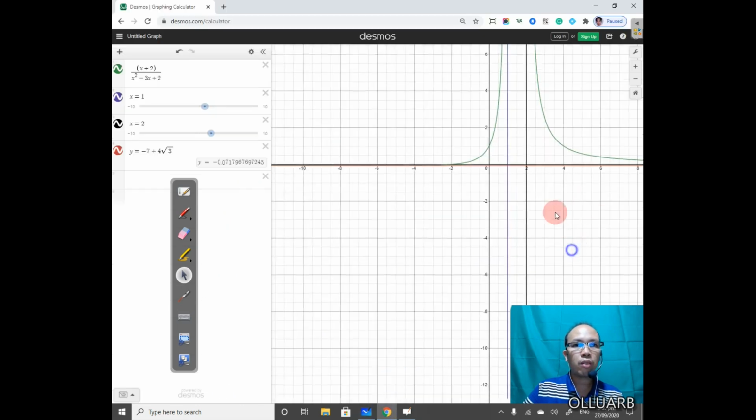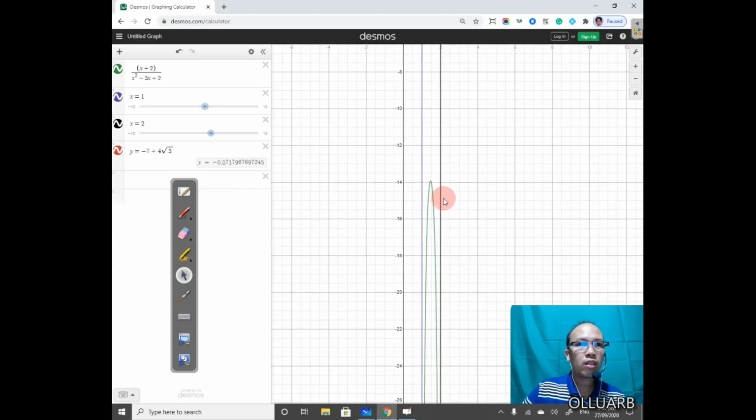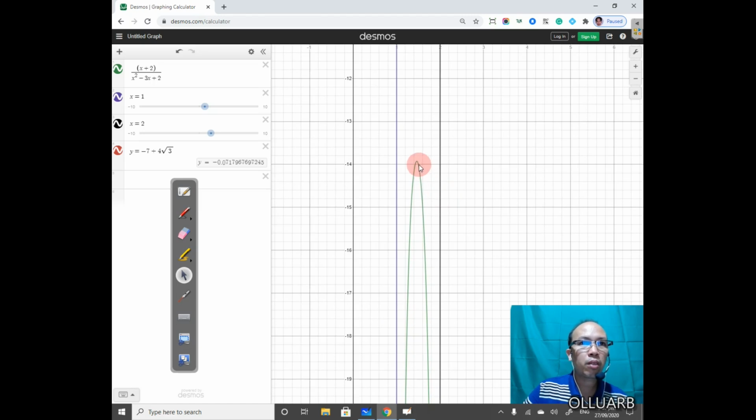If you look at the graph here, the graph must start here, this is the vertex, and this must be negative 13.928.